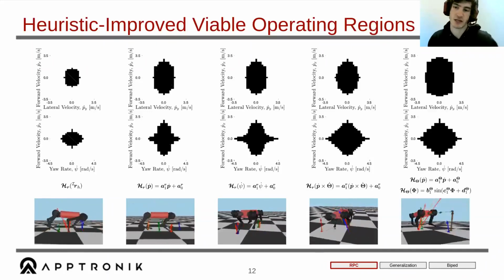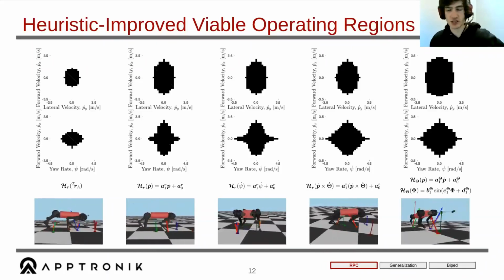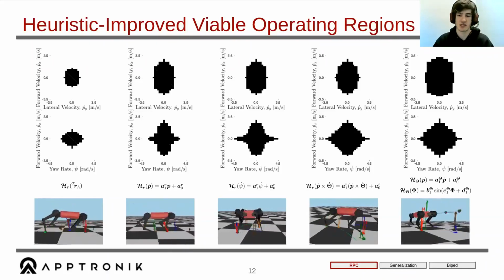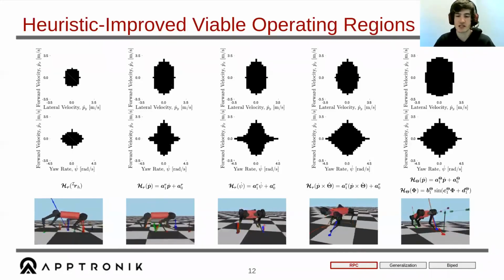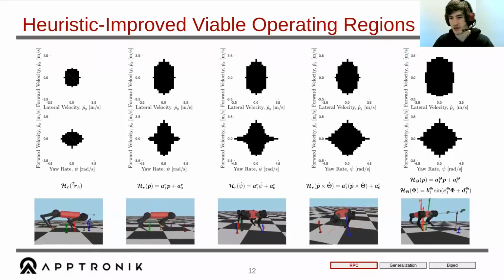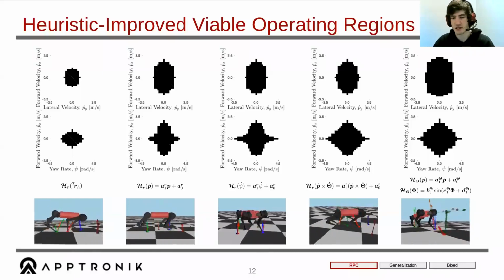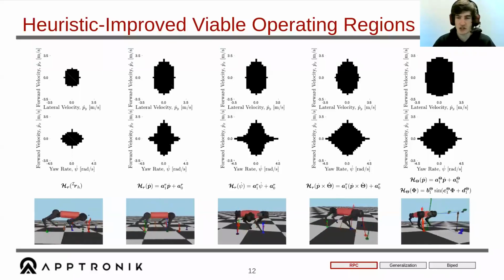And then this final one is the heuristic that I talked about previously, which is the orientation heuristics with the different gait phases and the forward velocities.